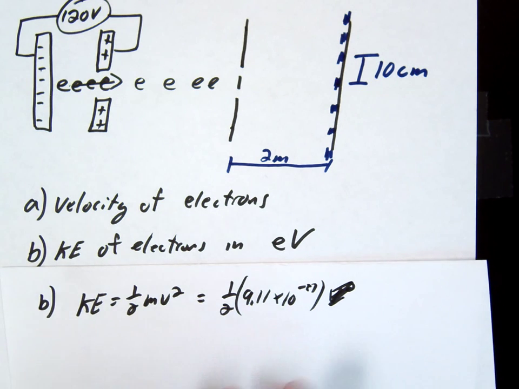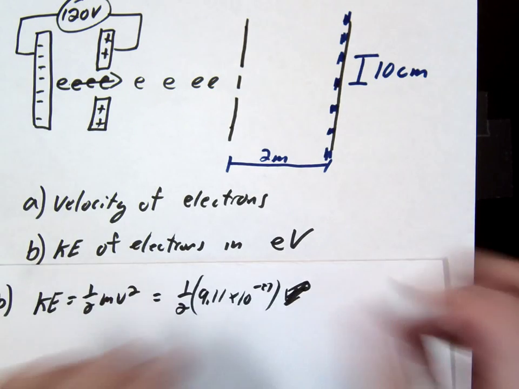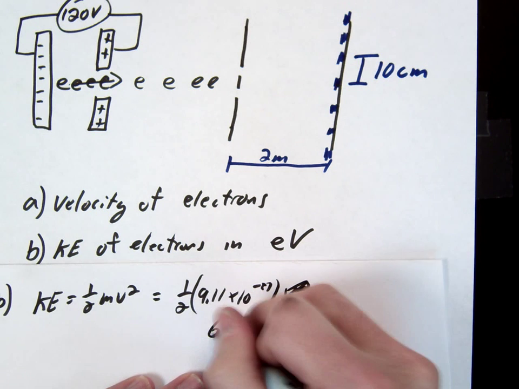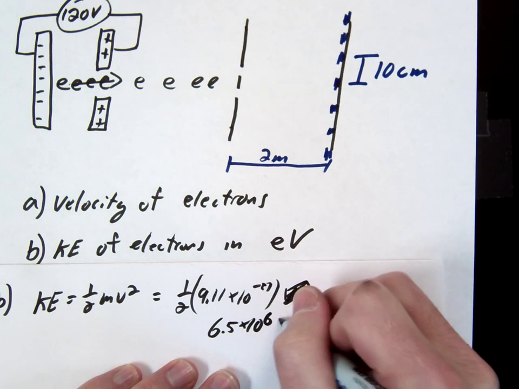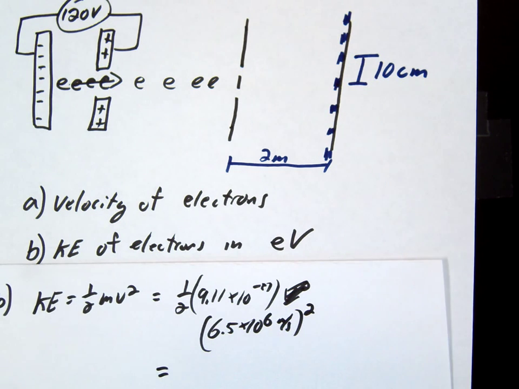What was our V? 6.5 times 10 to the 6, squared. Let's go, quick. 1.92.